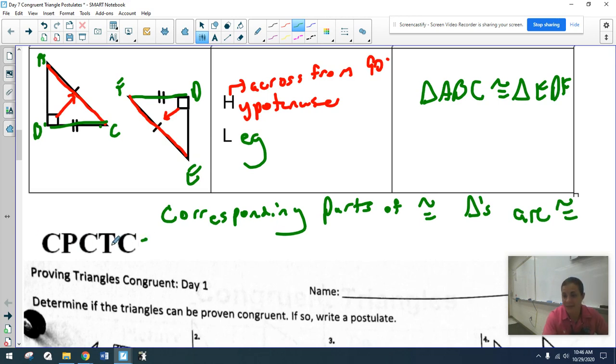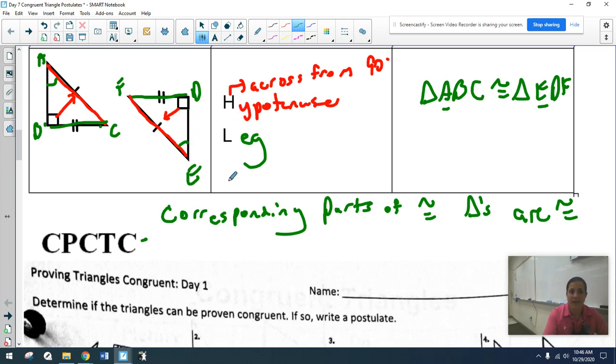Now, what that means is once you use one of these postulates to figure out that my 2 triangles are congruent, so if HL works, that means they're all congruent. So that means A and E are going to be congruent, just like we did before. So once you have established that HL works, everything else works.